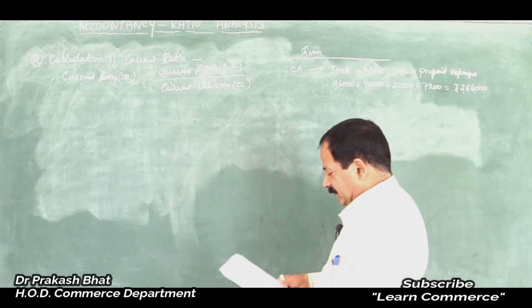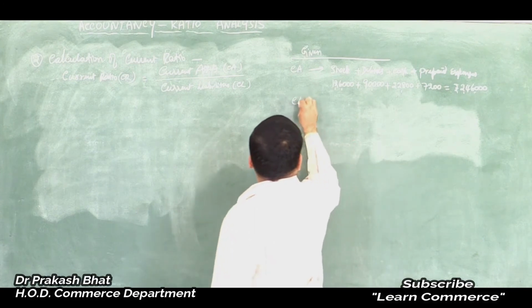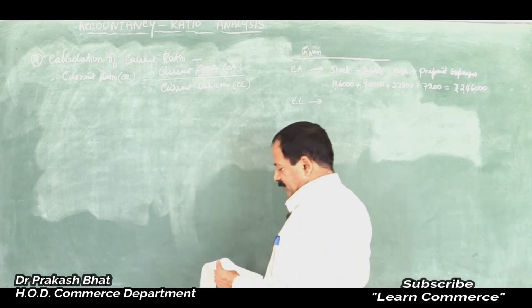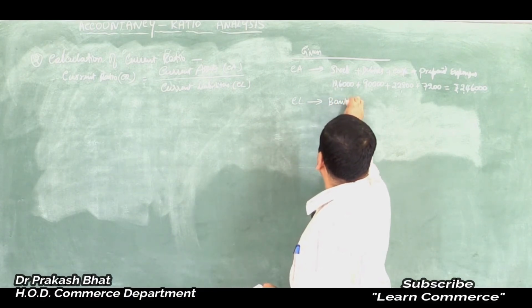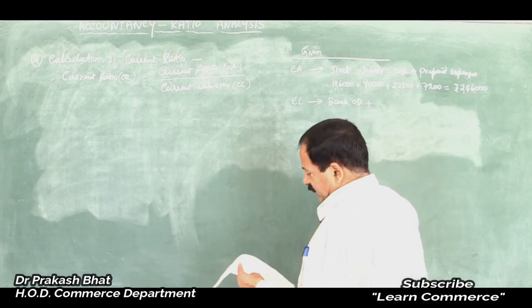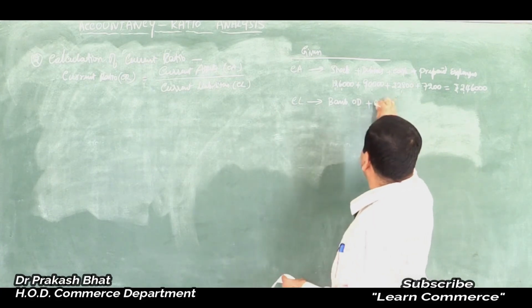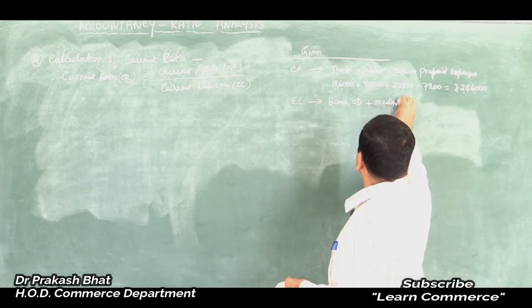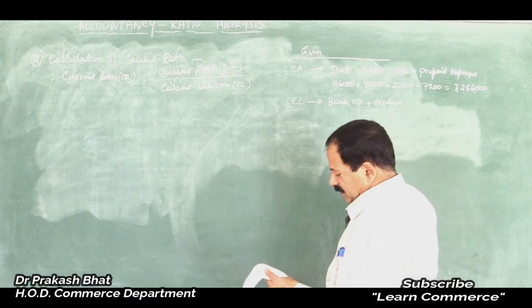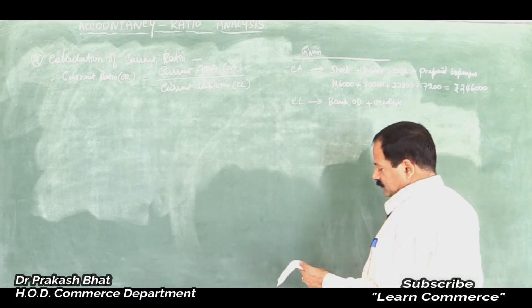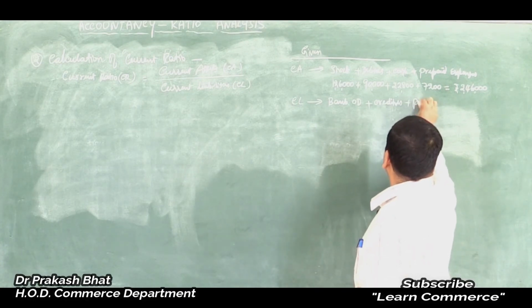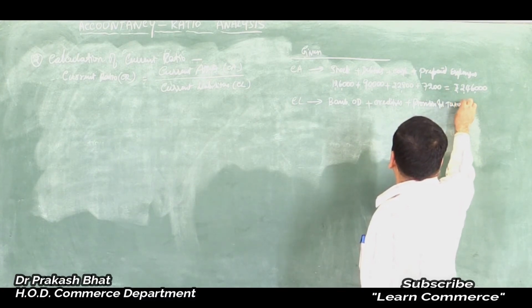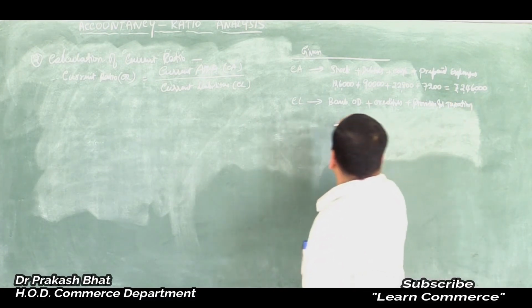Then current liability, it is given here. Current liability, write CL is equal to bank overdraft plus what are the other liabilities? Creditors are given, right? Creditors and provision for taxation, right? Plus provision for taxation. Now substitute the figures.